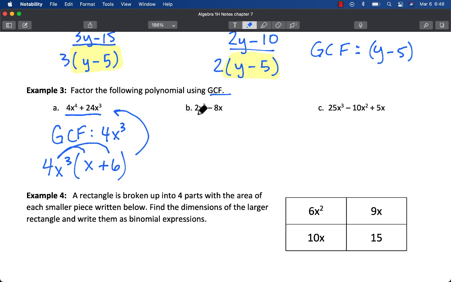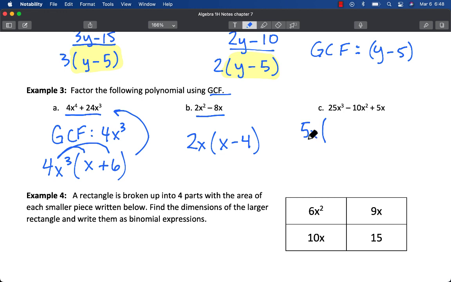All right, example B for number 3. This should look familiar. We just did this one up top. I'm going to factor out a 2x, and I'll be left with x minus 4. All right, finally C, I have a trinomial, and if I look across all three terms, it looks like the greatest common factor in all three of these terms is going to be a 5x, because that's the largest power of x that each one of those three terms has.